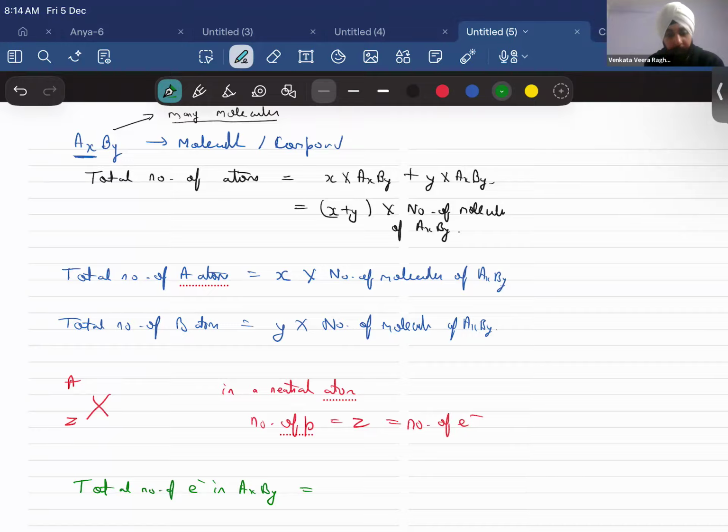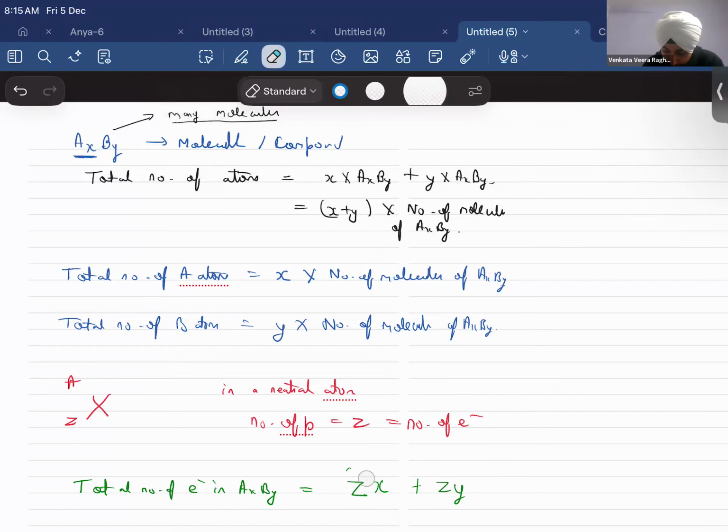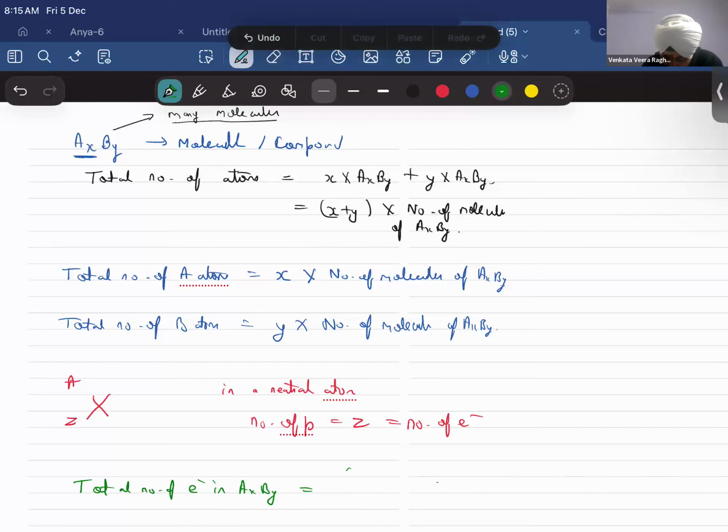Okay. And then you mean to say this, right? That you take Z of X plus Z of Y, isn't it? Then these Z's are different, right? So you have to write it this way: you take ZX of X plus ZY of Y, isn't it?